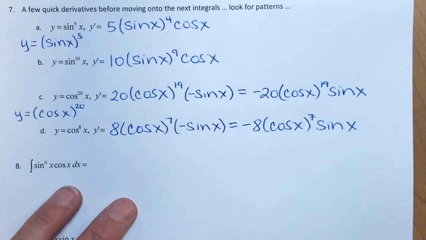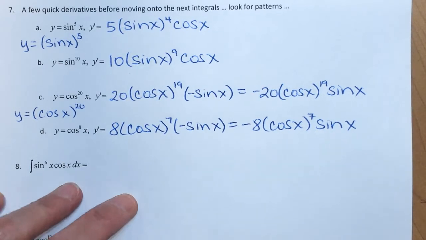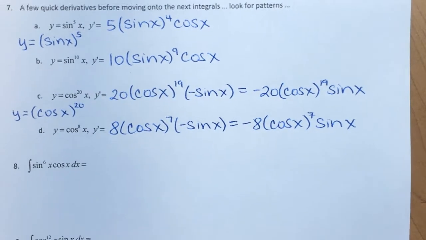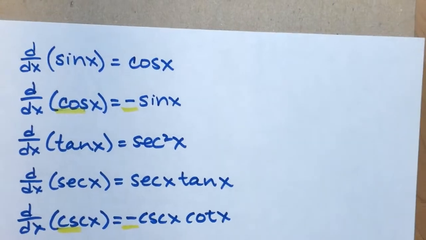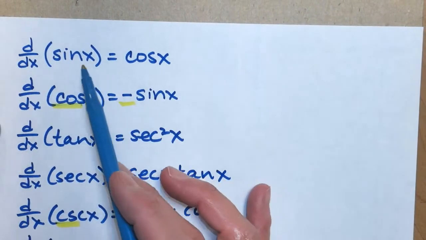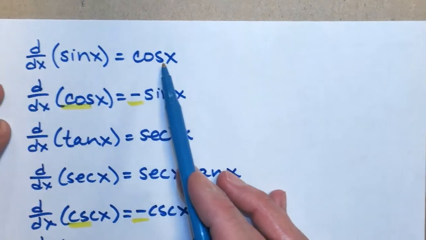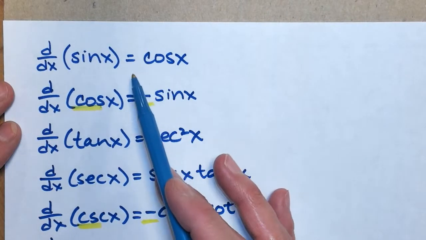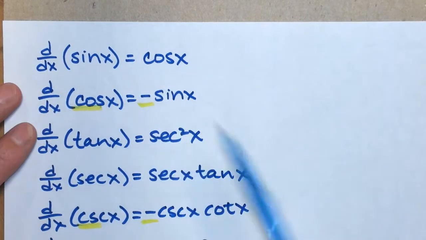Now, I want you to look at these patterns and think about going backwards. So remember that another word for integration is anti-differentiation. So, for instance, let's go back to our basic derivatives. If the derivative of sine is cosine, then if I integrate cosine, I'm going to get sine.